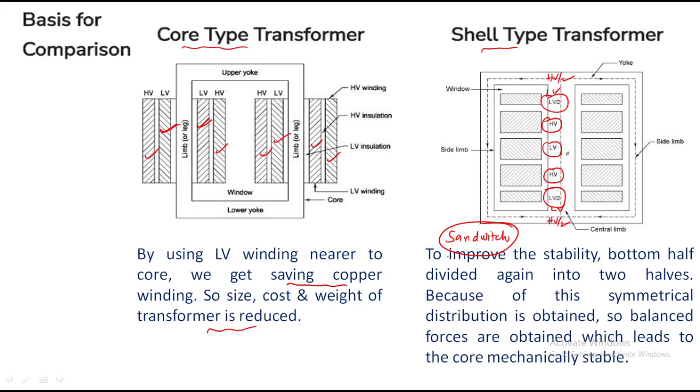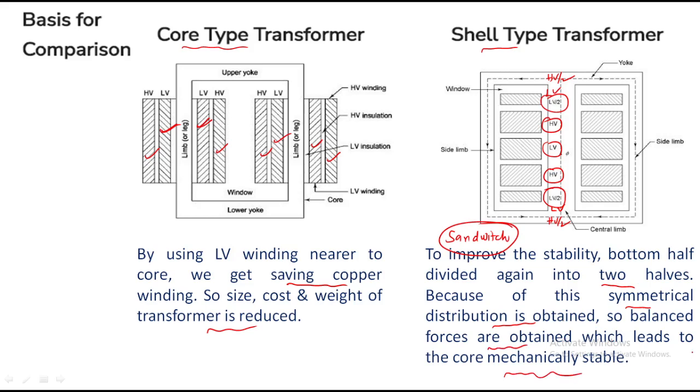So to improve the stability, the bottom half is divided again into two halves. In order to provide stability, whether it is LV or HV, the bottom half of the winding should be divided into two halves. Because of this, a symmetrical distribution of flux is obtained, so that equal forces are obtained, which leads to the machine being mechanically stable.